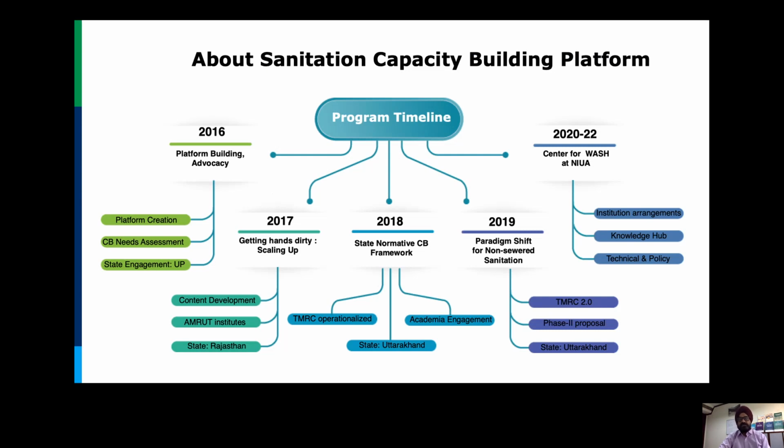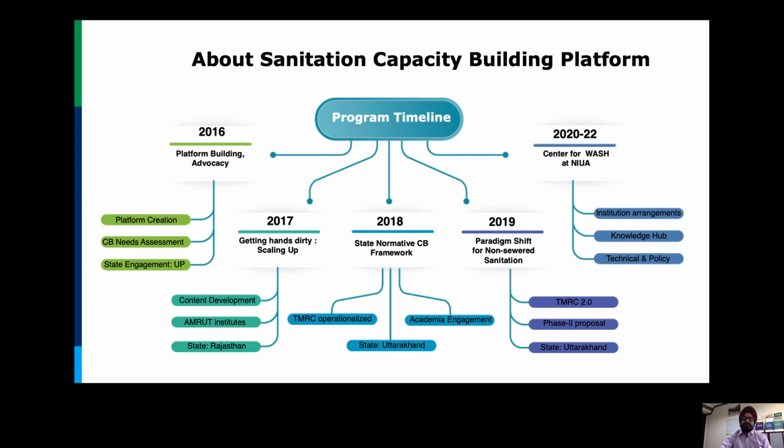In 2018, we also had our first engagement initiated with the Uttarakhand government and with academia and universities to upscale capacity building. In 2019, we worked towards the second phase of the sanitation capacity building platform, trying to identify the niche and priorities and ensuring quality control and quality assurance of the training modules.